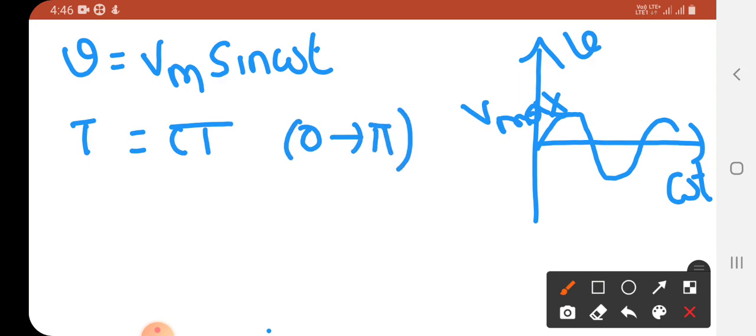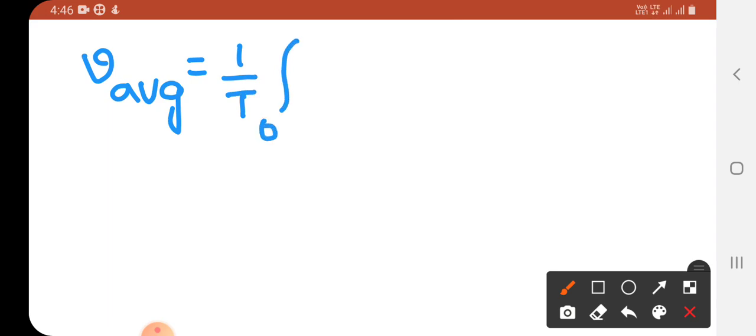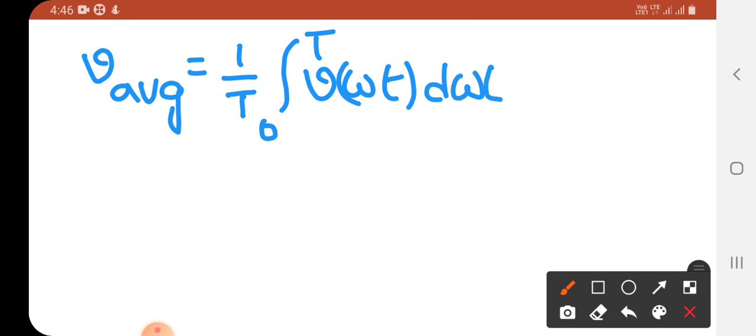Okay, so now let me write the expression for average value of voltage. That is, V average is equal to 1 by T integral 0 to T V of omega t d of omega t.